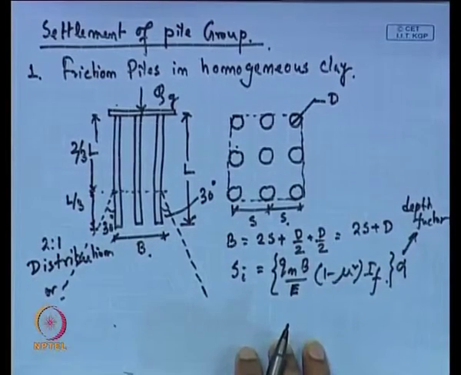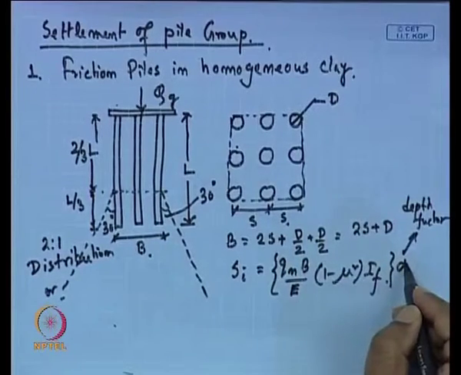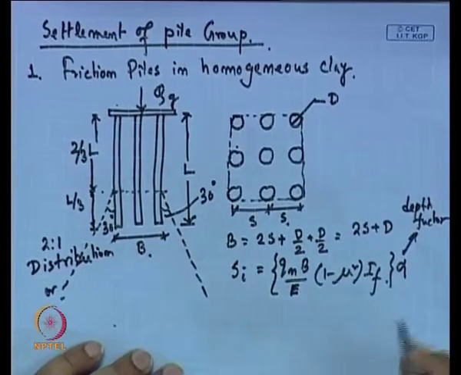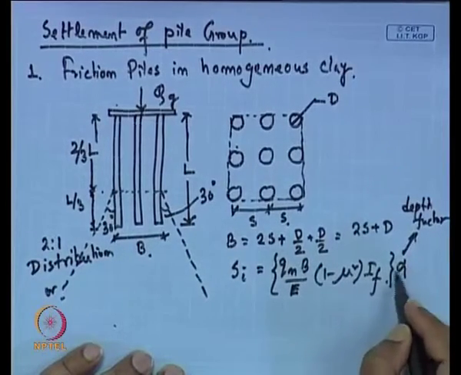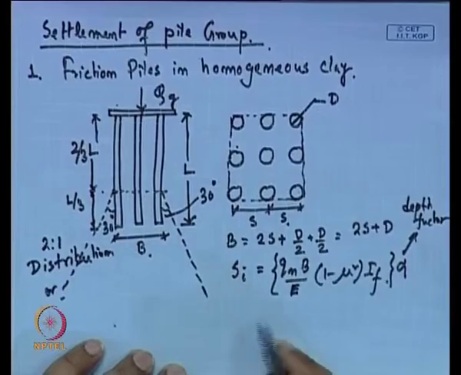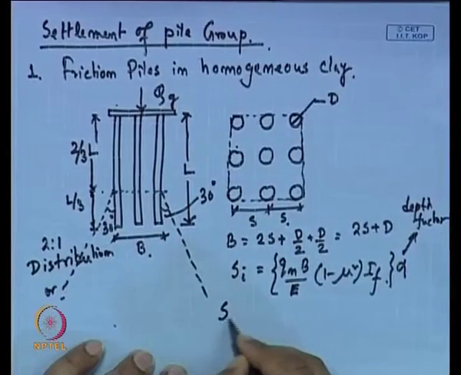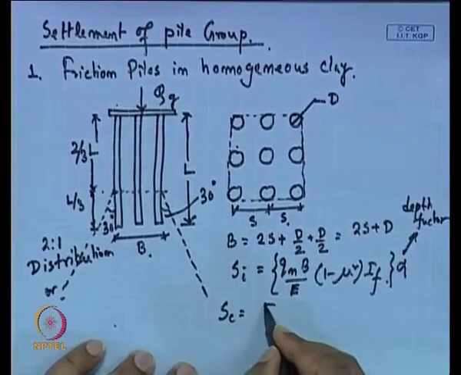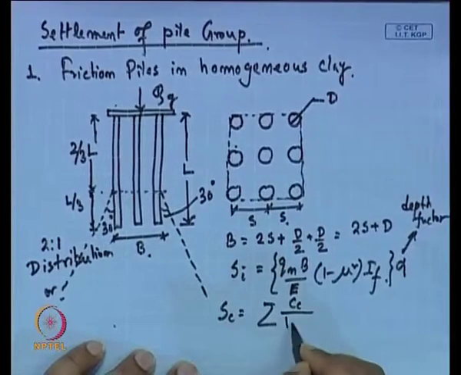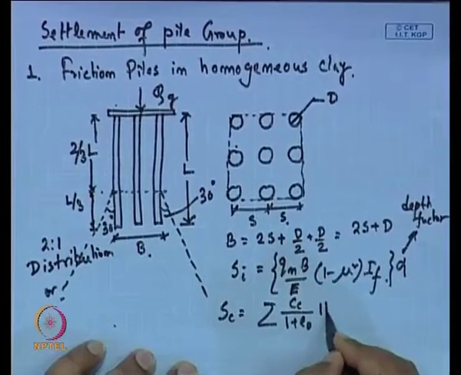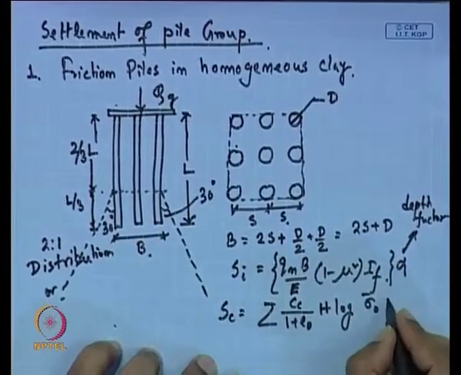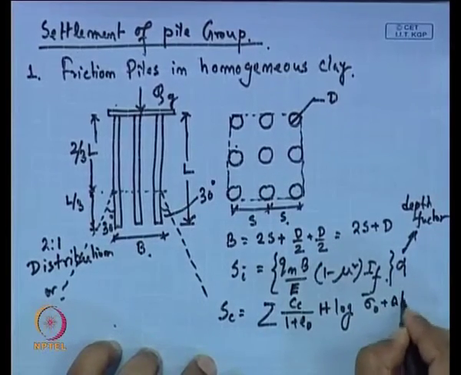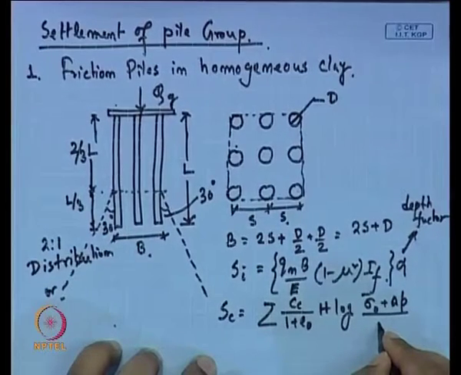So, you have to multiply by the depth factor in case of immediate settlement, and in case of consolidation settlement you have to multiply by the depth factor as well as the pore water pressure correction. And for the consolidation settlement, this is the summation of Cc by 1 plus e0, H, log of sigma 0 bar plus del p by sigma 0 bar.